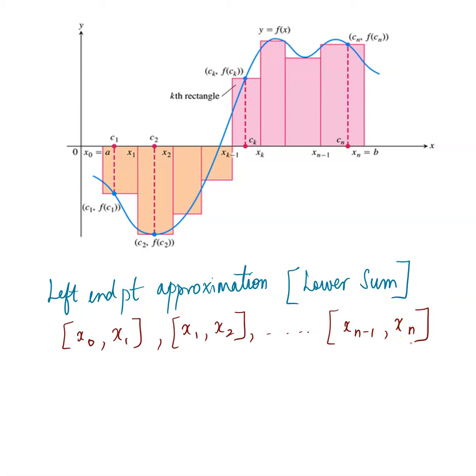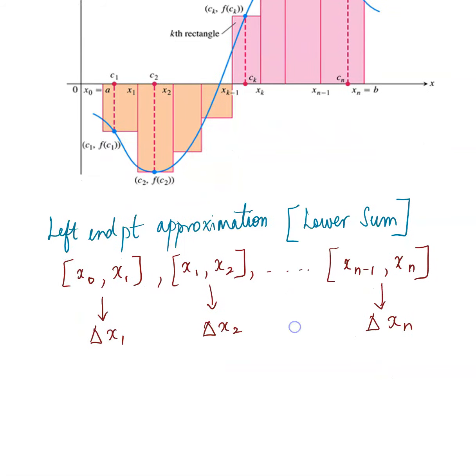And the widths here would be delta x1, delta x2, delta xn. Now again, we are looking at any width, because we are just trying to build up to the equal width. So this could be any width, to reiterate our point.